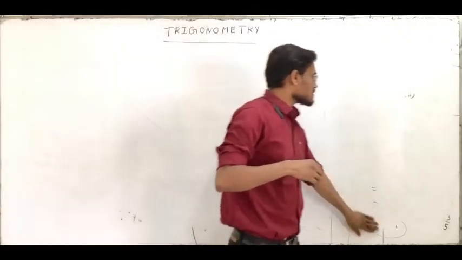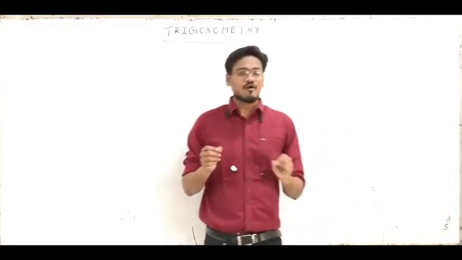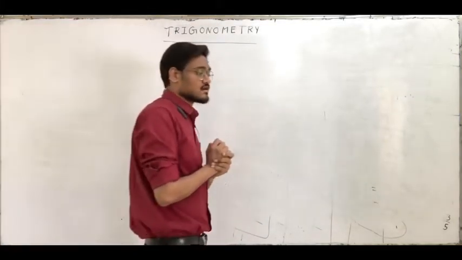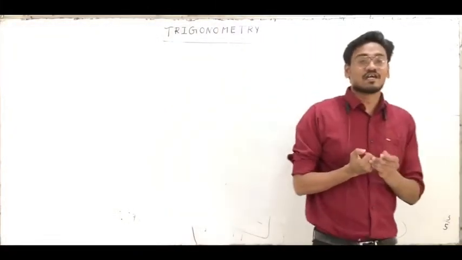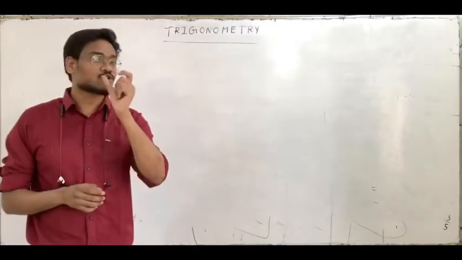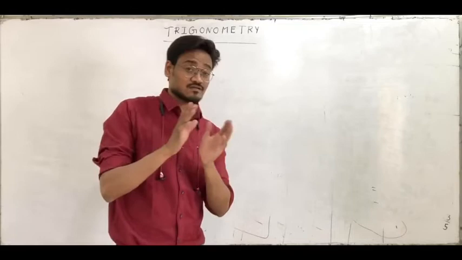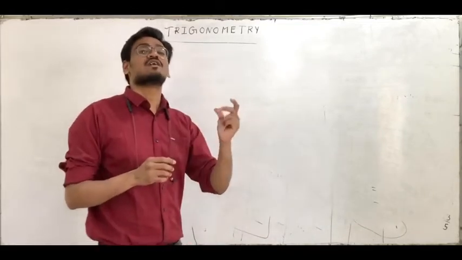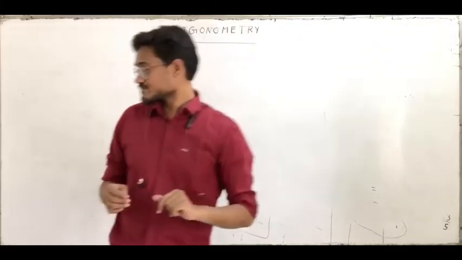We will derive the trigonometric ratios of 0 degree, 30 degree, 45 degree, 60 degree and 90 degree, remember them, and use them directly in numerical questions.